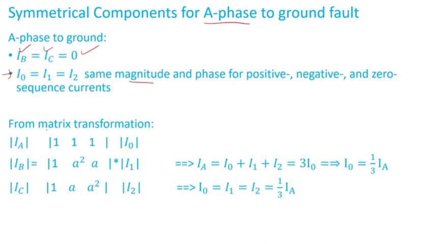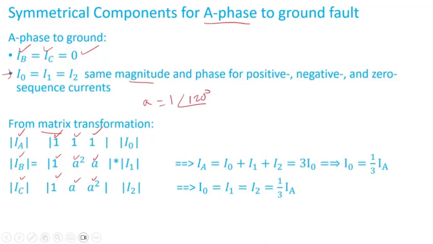If we write the equations in a matrix format or matrix transformation, so phase A, B, C currents is equal to matrix A, which is 1 1 1, A squared A 1, A A squared 1. The A operator is just an amplitude of 1, angle of 120 degrees.